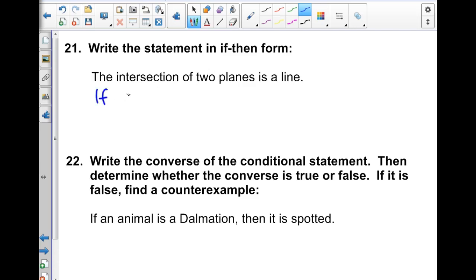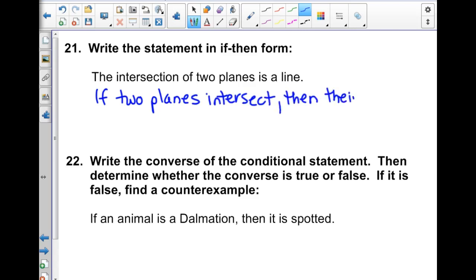If two planes intersect, then their intersection is a line. It is now in if-then form.